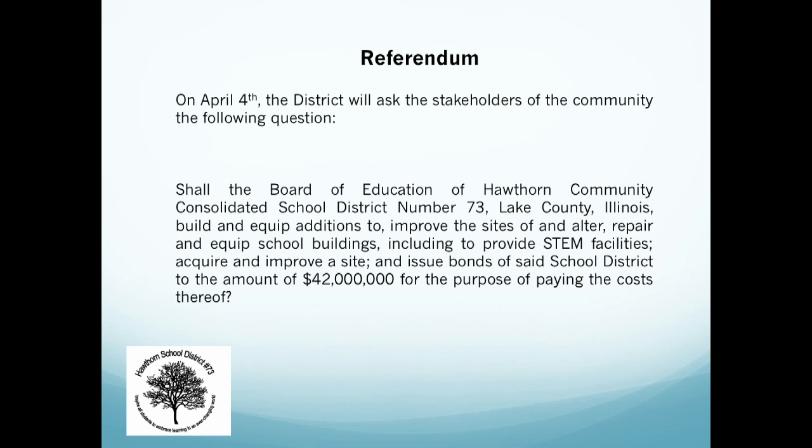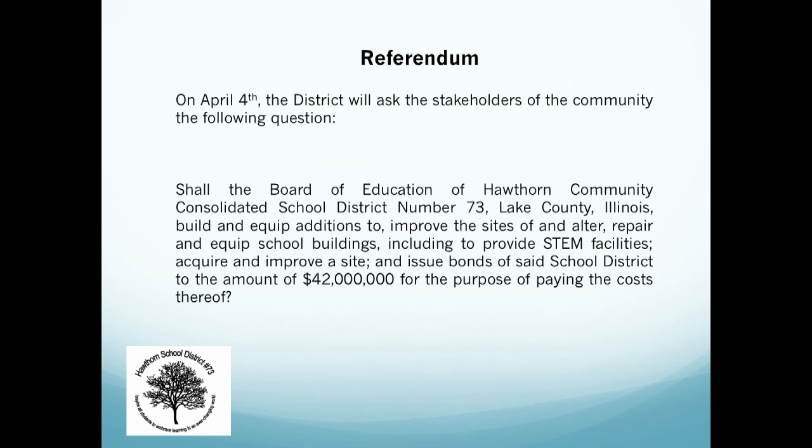So it is: shall the Board of Education of Hawthorn Community Consolidated School District number 73, Lake County, Illinois, build and equip additions to, improve the sites of, and alter, repair, and equip school buildings, including to provide STEM facilities, acquire and improve the site, and issue bonds not to exceed $42 million.